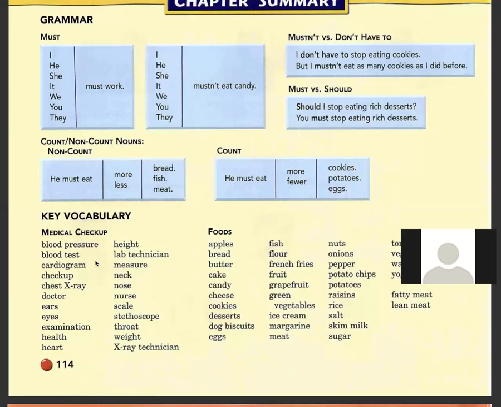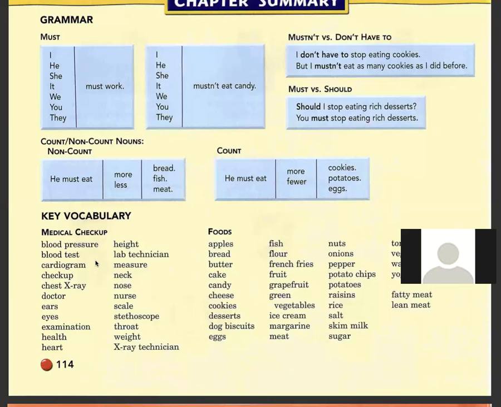dog biscuits, eggs, fish, flour, French fries, fruit, grapefruit, green vegetables, ice cream.